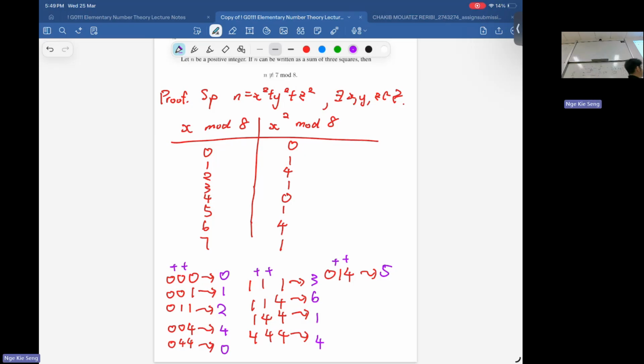So you can get 0, 1, 2, 3, 4, 5, 6, but not 7. You don't get 7 or 8. You only get 0 to 6. No 7.